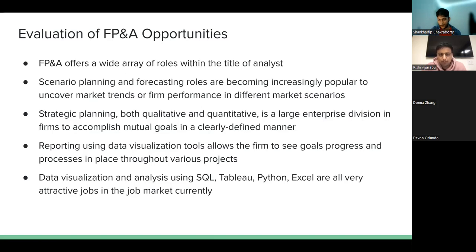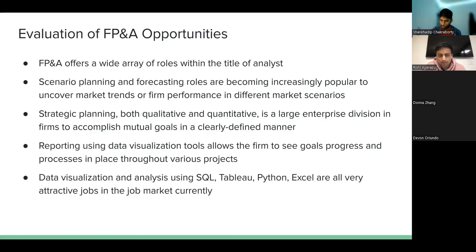Even within strategic planning, you have both quantitative and qualitative measures. They're both large enterprise divisions in firms, and they both try to accomplish the same goals, but in a clearly defined manner. We also use a lot of data visualization tools that allow the firm to look at their goals, see how they've progressed, and track performance throughout various projects.